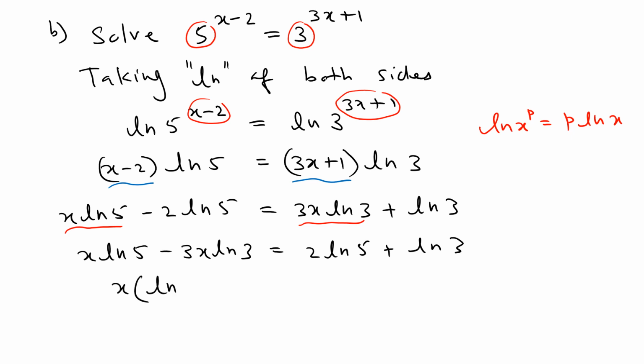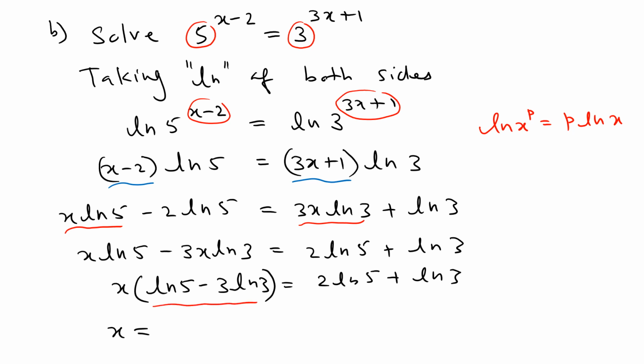So you're going to get x times (ln 5 minus 3 ln 3) equals 2 ln 5 plus ln 3. Now we can divide both sides by this term. So that means x equals (2 ln 5 plus ln 3) divided by (ln 5 minus 3 ln 3).